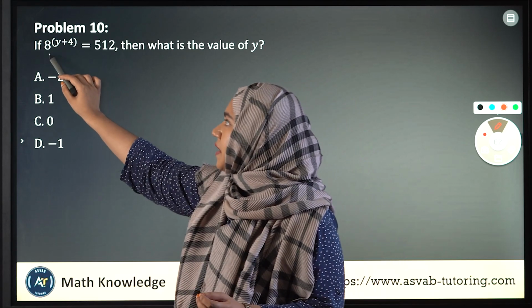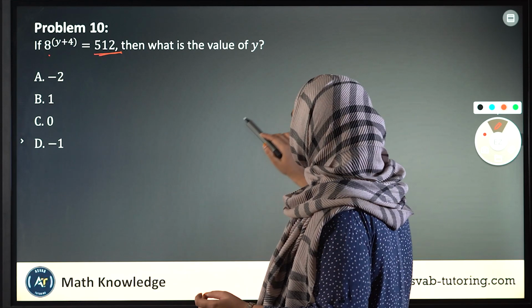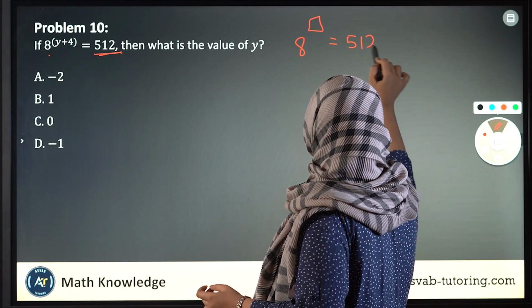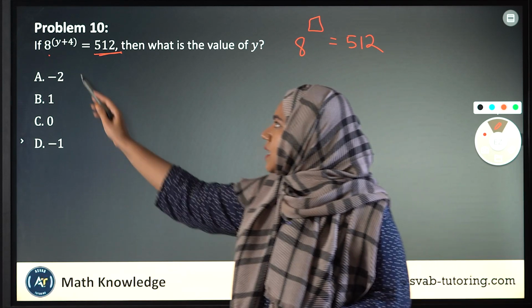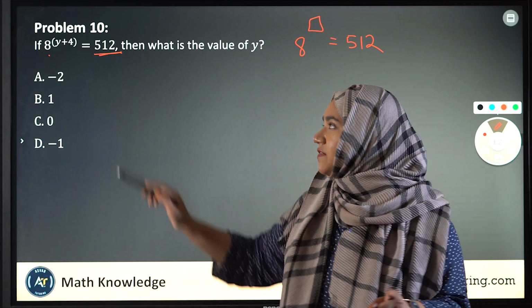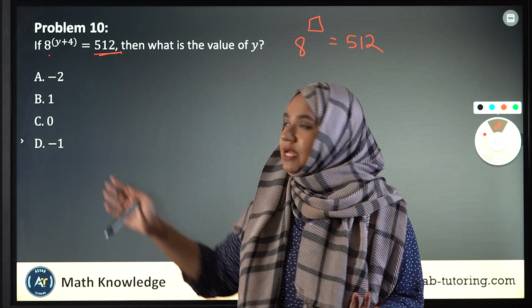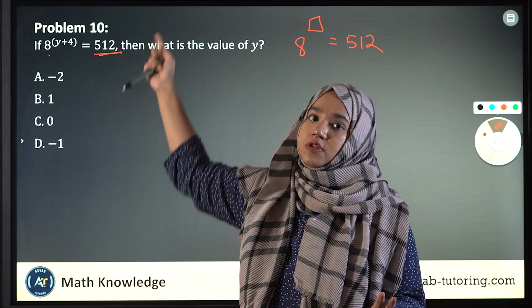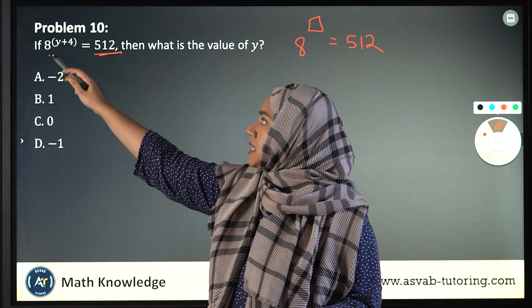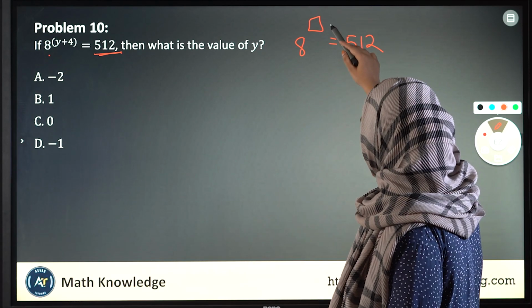Now, because we have 8 in this case, this means that for 5 over 2, we are supposed to figure out what is 8 to the power of representing 5 over 2. Got it? Let's say there was like 2 to the power y over y plus 4. In that case, whatever number you do get here, it's supposed to be 2 to the power of something. If it's a 4 here, it should be 4 to the power of something. Got it? So my first task is to figure out, because there's an 8 here as a base, what is 5 over 2 as 8 to the power of, all right?